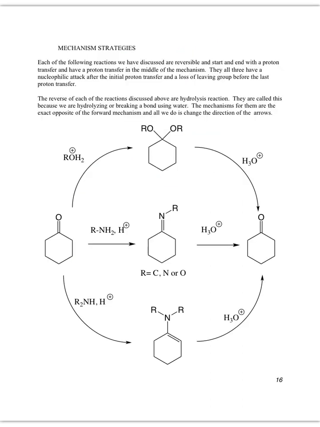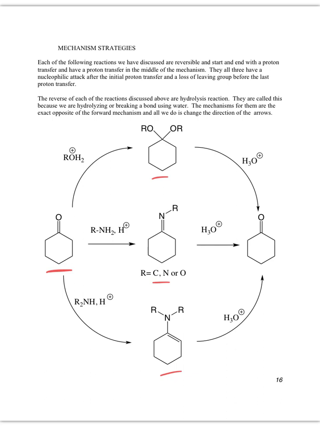So what all can we do with these? We can take a ketone or an aldehyde. We can make the acetal or ketal. We can make the imine. We can make the enamine, and from those we can cleave those back to the carbonyl. So we have a lot of things we can do.